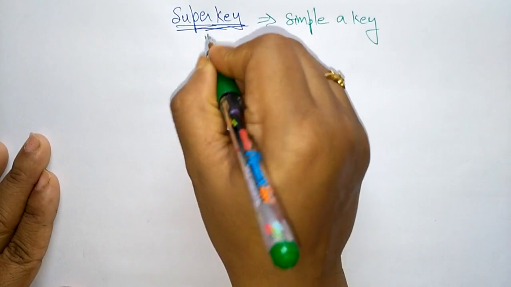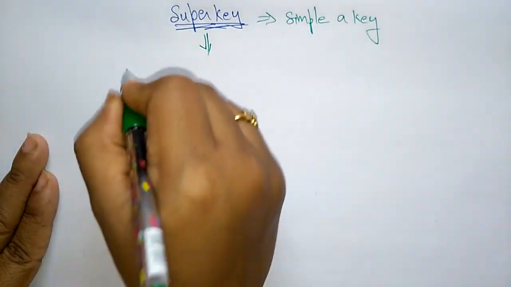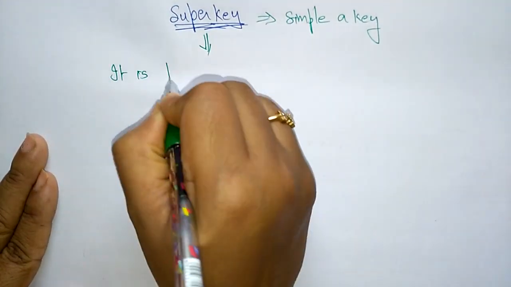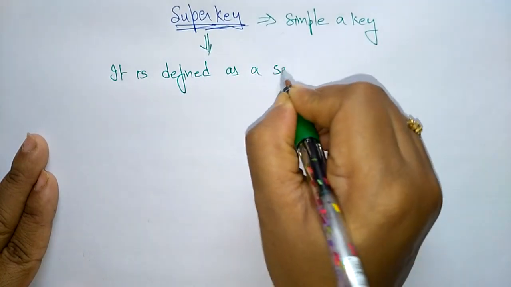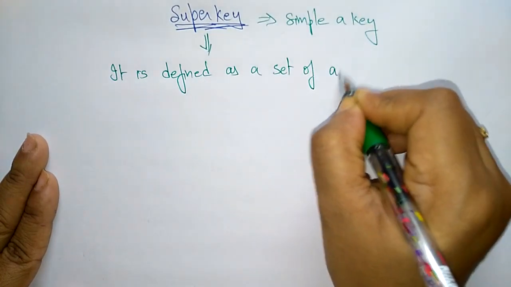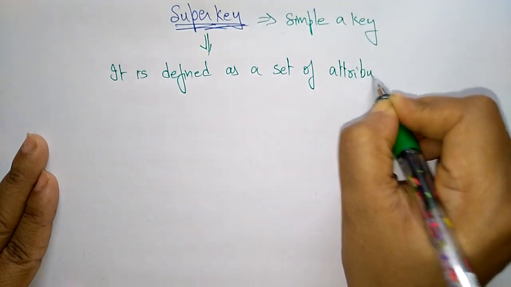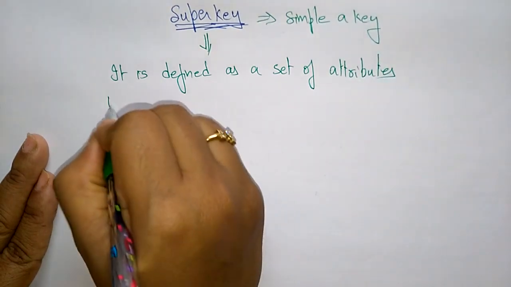Let me write the definition for this. A super key is defined as a set of attributes within a table.